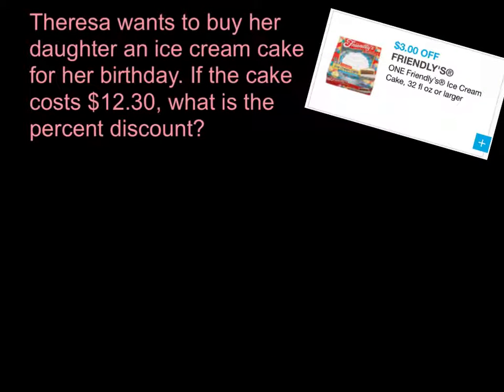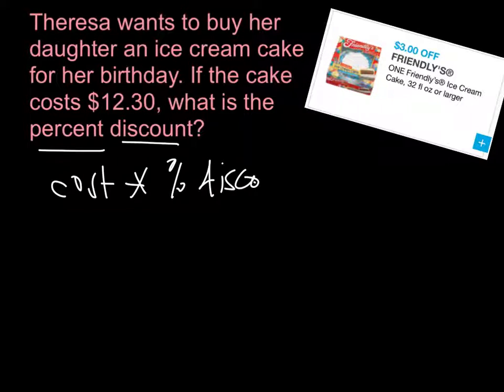If we take a look at our example, it says that Theresa wants to buy her daughter an ice cream cake for her birthday. If the cake costs $12.30, what is the percent discount? So once again, we're going with our equation of cost times the percent discount equals your money discount.